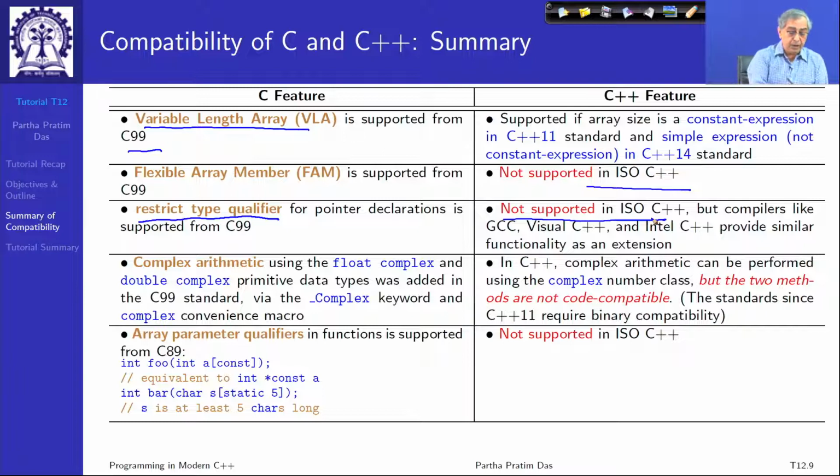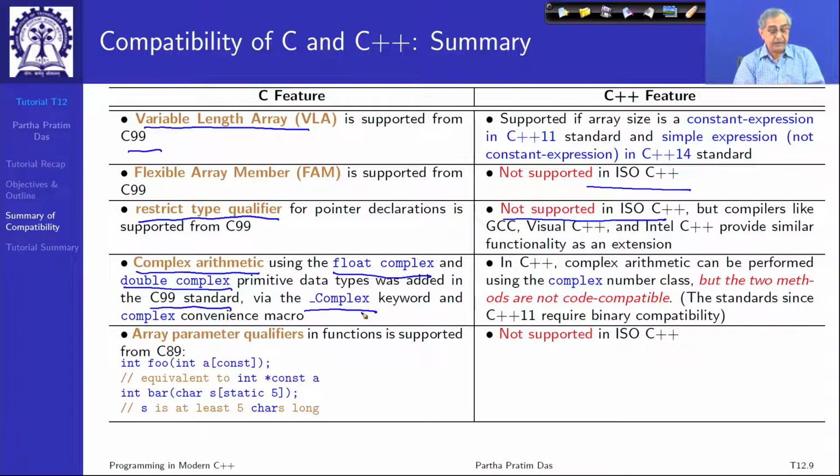Though some specific compilers provide similar functionality, it is non-portable and therefore not very advisable to be used. Complex arithmetic is directly supported in C99 with the float complex and double complex primitive data types, which C99 introduces using the underscore Complex keyword. So, you have complex as a part of the language type, whereas in C++ bool moved from being a standard library to being a built-in type.